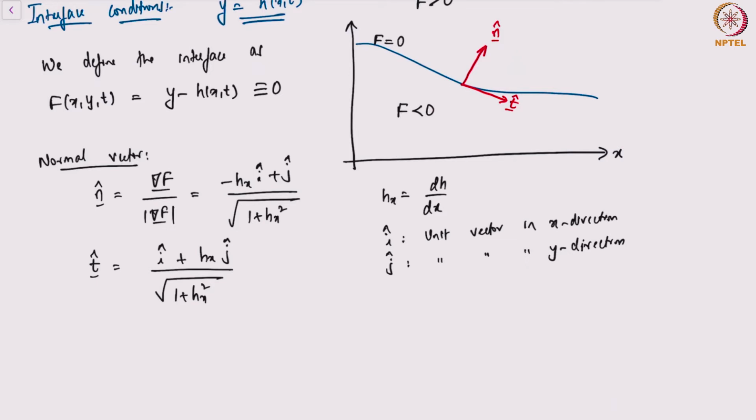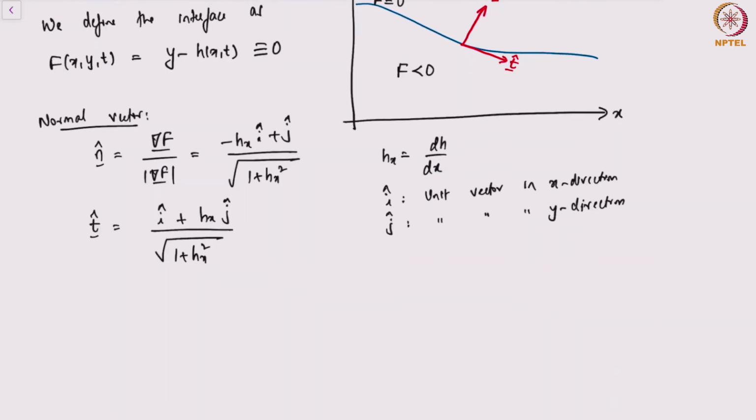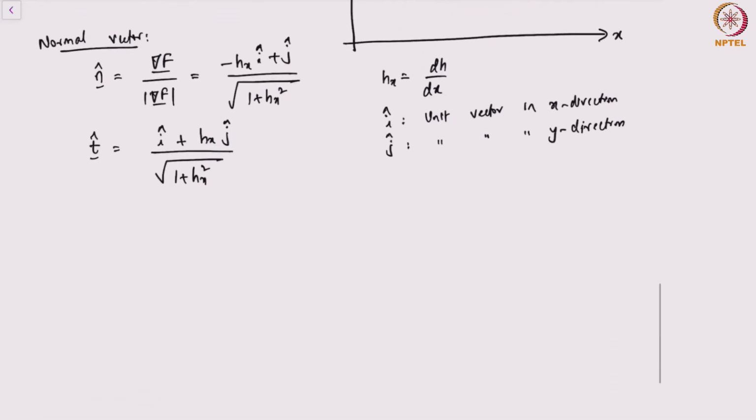So now that I have the two unit vectors, I can derive the curvature, the mean curvature, that will be del dot n, that will be del by del x of nx plus del by del y of ny. nx would be the x component of the normal vector, and that's minus hx by square root of 1 plus hx square.